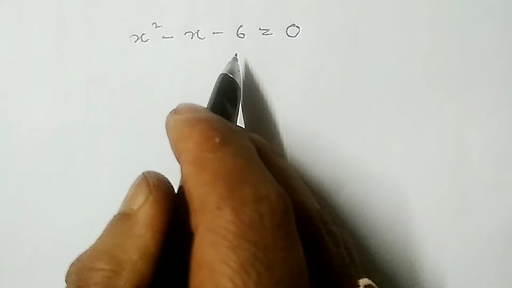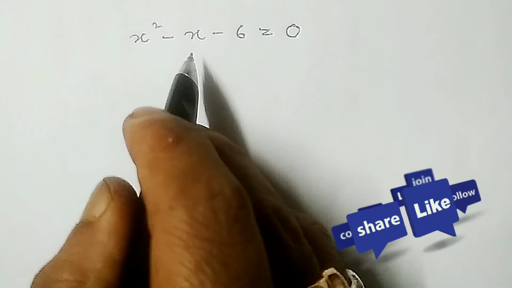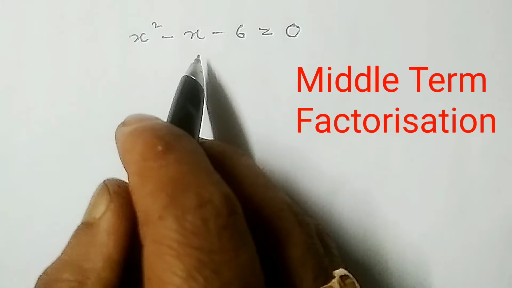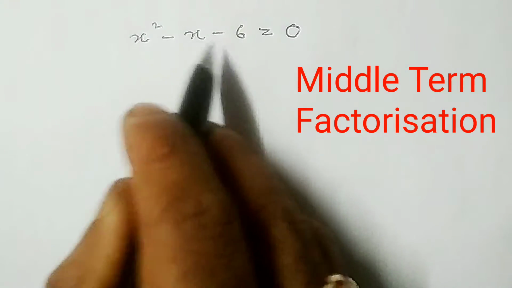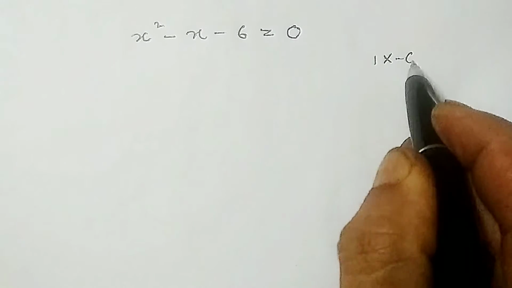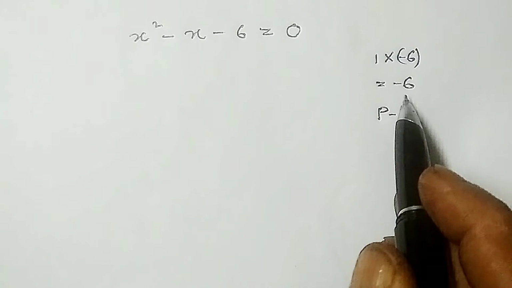It's a quadratic equation, and it can be solved by various techniques, using the quadratic formula or simple middle term factorization. If I use middle term factorization, the coefficient of x square is 1 and here it is minus 6. So 1 into minus 6 gives minus 6, so the product is minus 6.